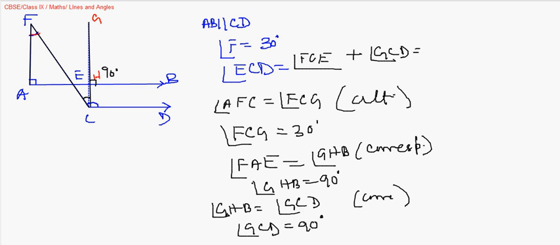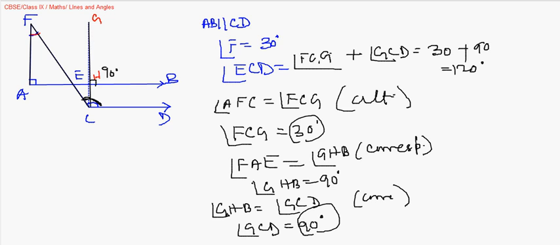FCG, we can write FCG as well because we have been taking it as FCG. So FCG was 30. GCD we calculated to be 90, and that makes the whole thing 120 degrees. So as per the question, ECD, this whole angle, will be 120 degrees.